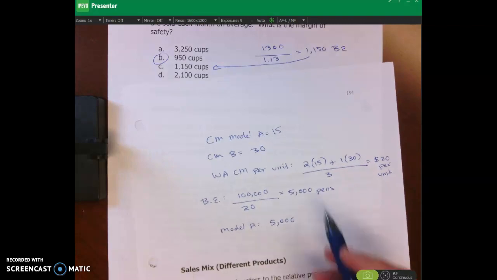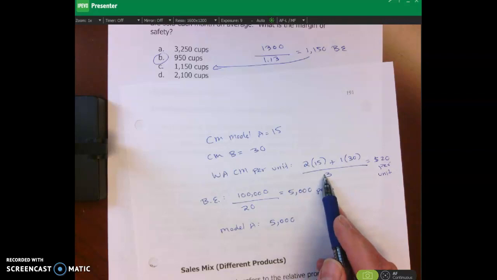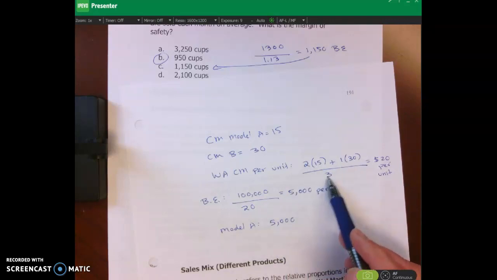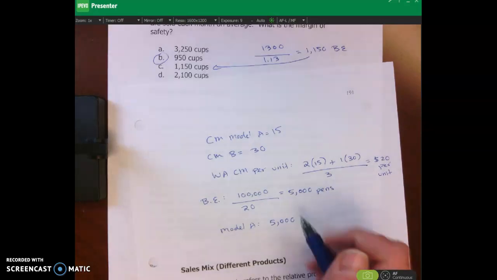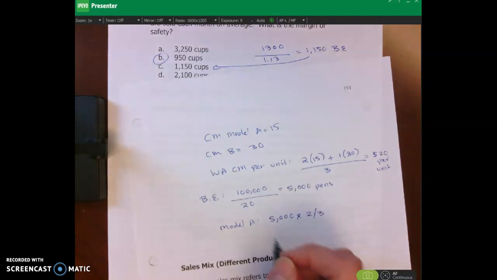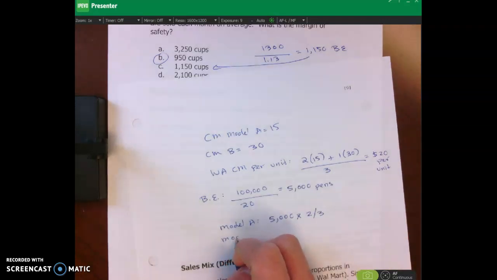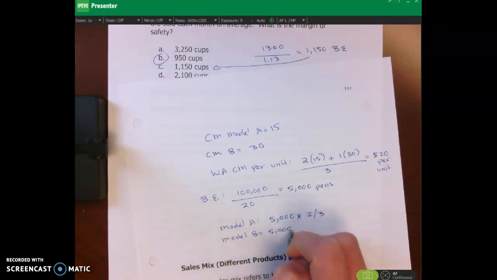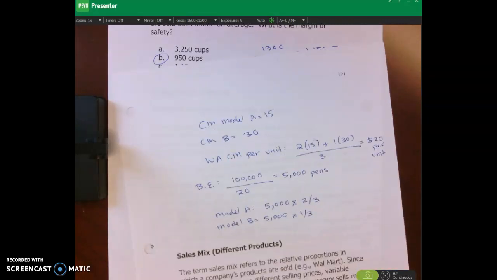I sell 2 of every 3 pens, right? 2/3 are Model A and 1 of every 3 is Model B. So I multiply 5,000 times 2/3 for Model A, and over here with Model B, 5,000 times the 1/3. That's how many pens I would have to sell for Model B.